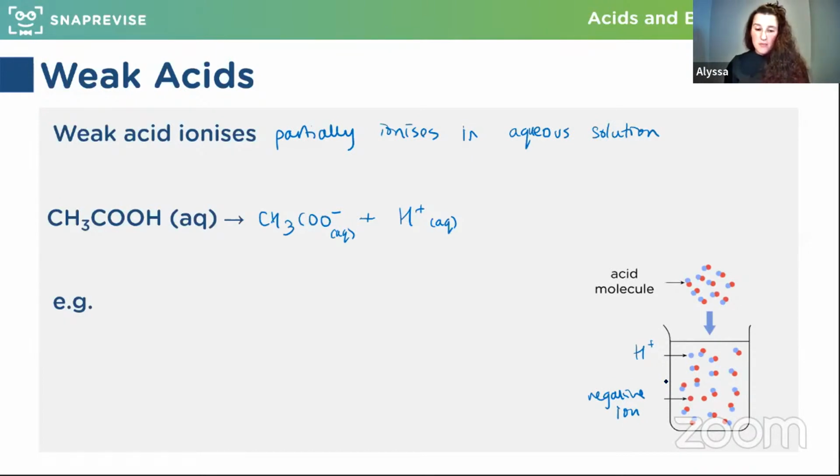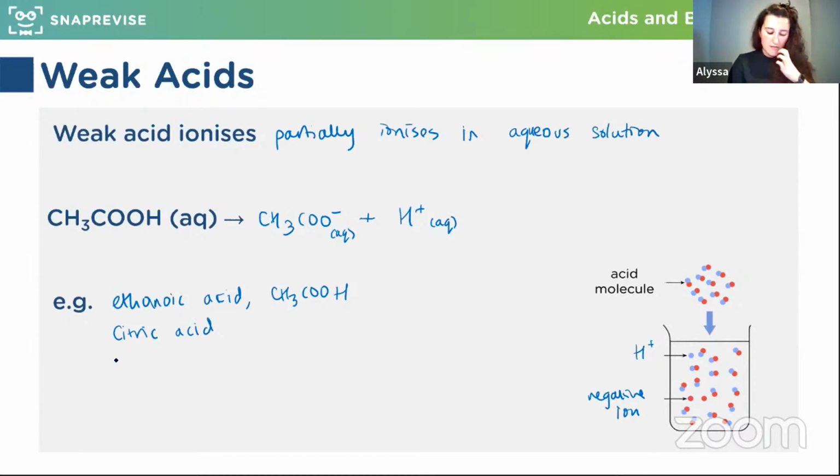The examples of this would be ethanoic acid, which is CH3COOH, citric acid, one you might recognize from our citrus fruits, which we don't have to know the formula for, and then something called carbonic acid.